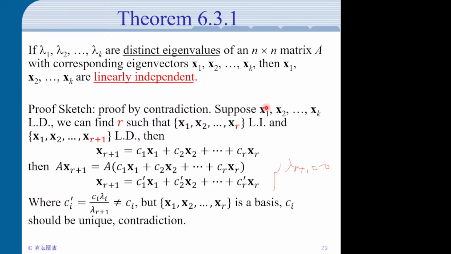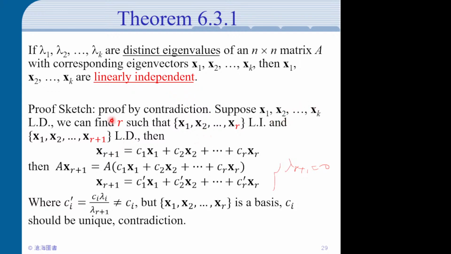We include x1, include x2, and we include more and more things. x1 is linearly independent, and we know if we include everything, they are going to be linearly dependent. So at some point, this inclusion will turn you from linearly independent to linearly dependent.